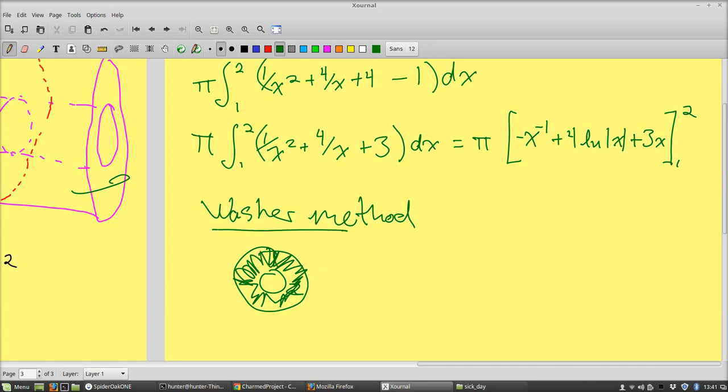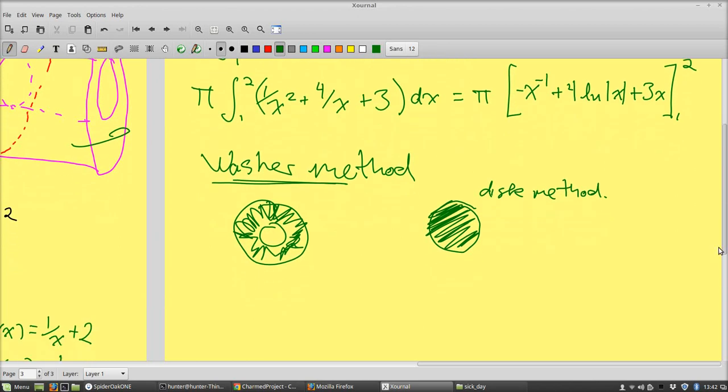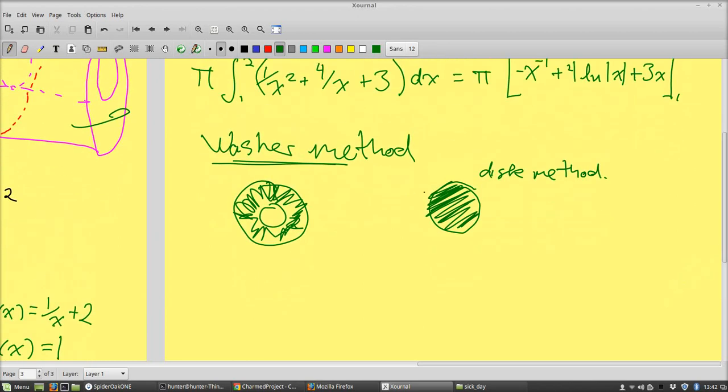So what we just did is the washer method. What we had done previously when the disk is solid, we call the disk method. So there's the washer method and the disk method. The disk method is just the same as the washer method when the hole in the middle is infinitely small.